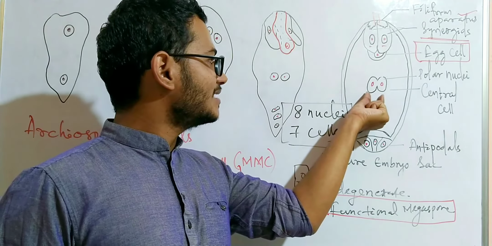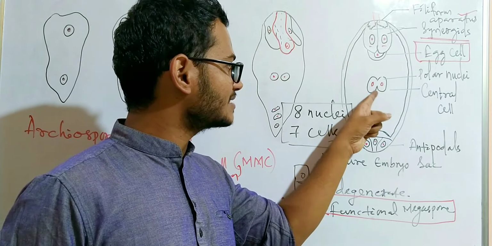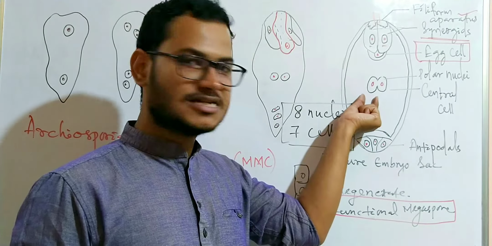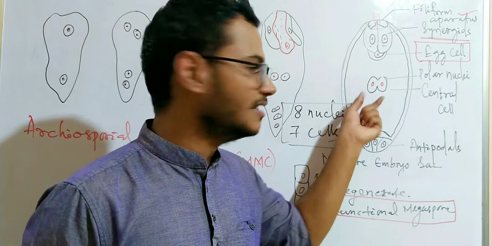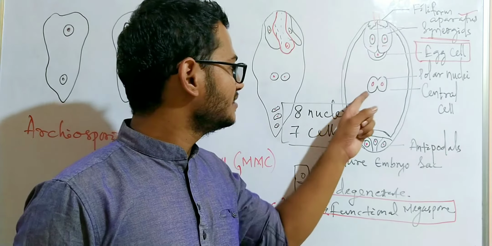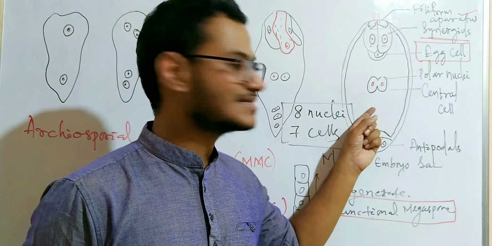Now the central cell has 2 pronuclei, polar nuclei. In this case there are 2 pronuclei which are arranged like this and form a single cell because the cytoplasm is fused but the nucleus is separated. So here it is a 2 nucleated structure or 2 nucleated cell.